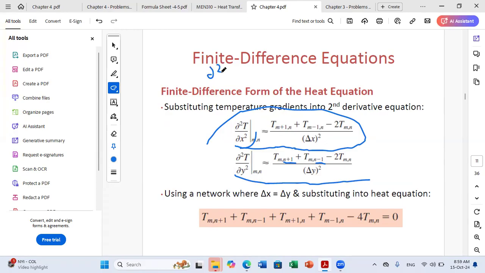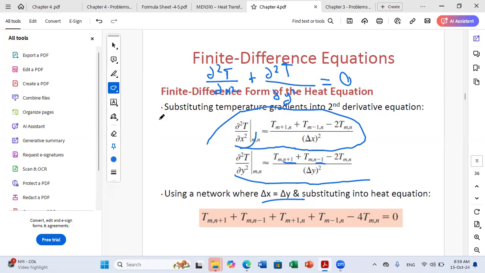Second derivative of T with respect to x plus second derivative of T with respect to y equals 0. So if you replace by the numerical form, and consider delta x equal delta y, you can take 1 over delta x squared in factor.